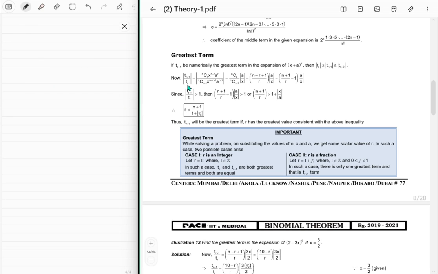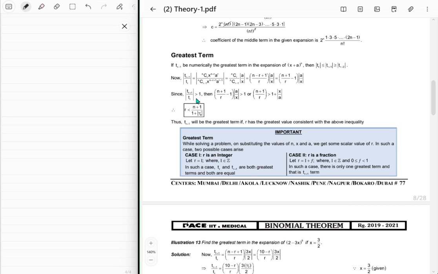Okay, so they are saying that whenever it starts to decrease, you just find out where it decreases, and the term just before it decreases will be the greatest term. So what you want is T(r+1) upon T(r).